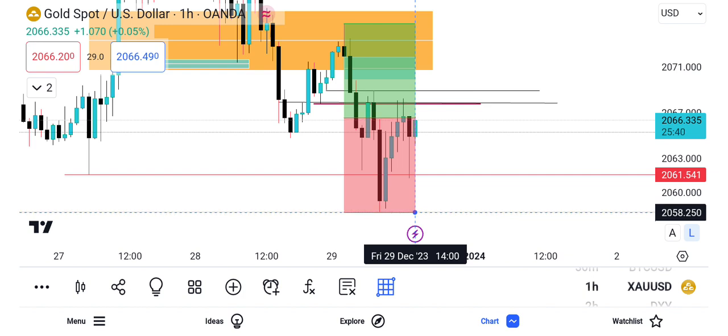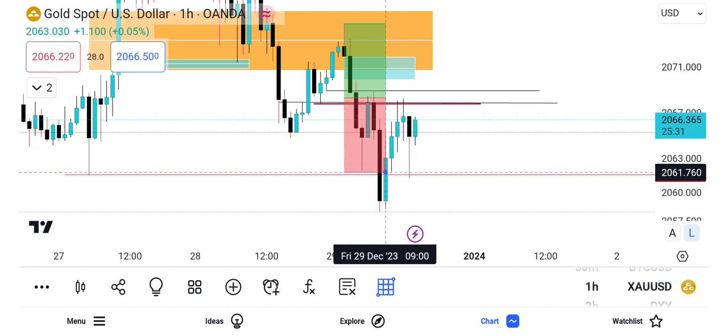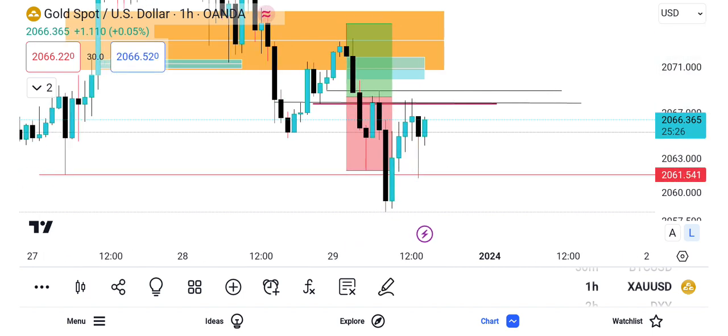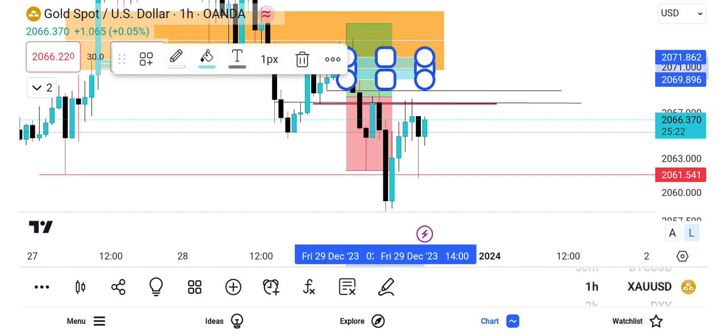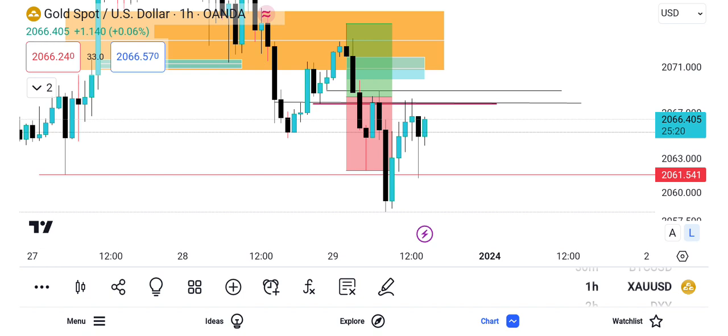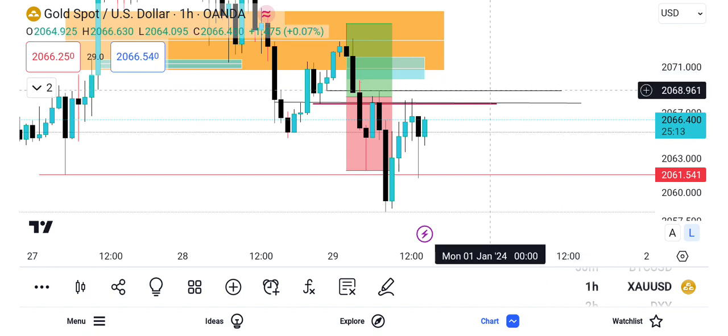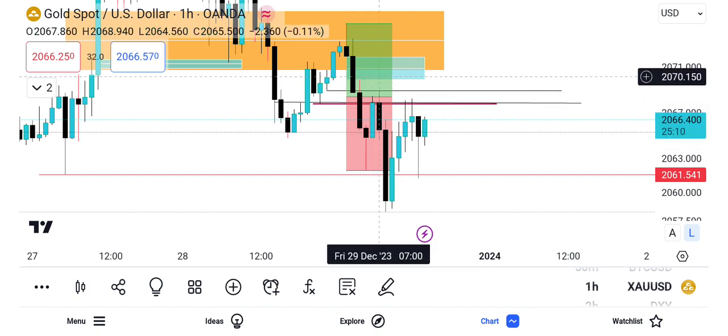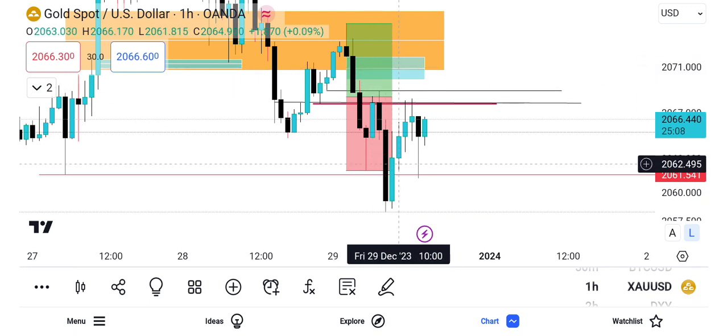Was that really the low? No, it was this one before this one was created. So I wanted to see a retracement to premium, right? It was a key level for me, since it's a fair value gap inside the premium zone, also paired with this 4-hour order block. So I was waiting to see a retracement into this level, then sell off.